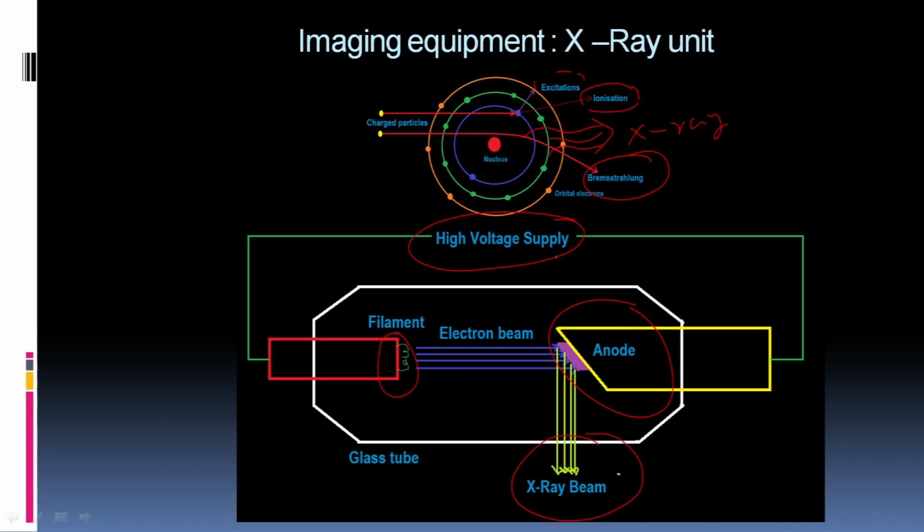After giving the high voltage supply to the anode and the cathode or filament, electrons are produced, and these electrons are attracted towards the anode, where there is a high Z material target. After hitting this high Z material, because of the Bremsstrahlung phenomenon, X-rays are produced, and this X-ray is used for diagnostic radiology.